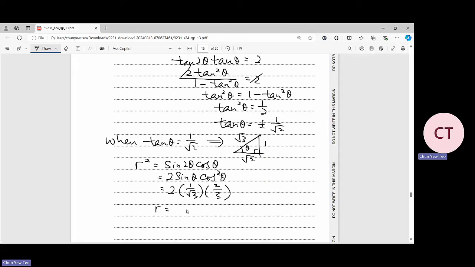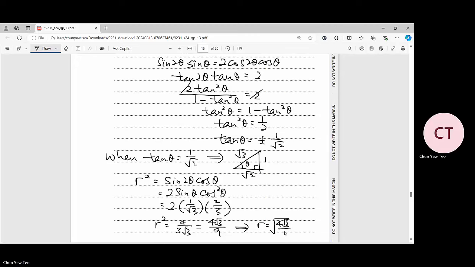You will get your r square equal to 4 over 3 root 3. Or you can write it as 4 root 3 over 9. Then your r is equal to the square root of 4 root 3 over 9, with r to be positive.